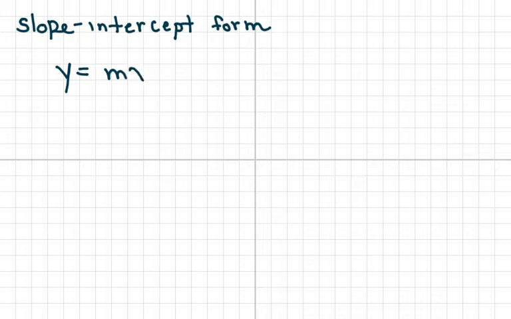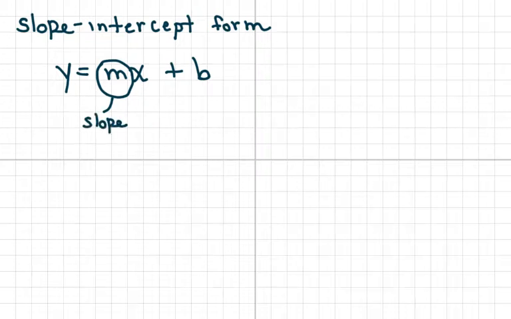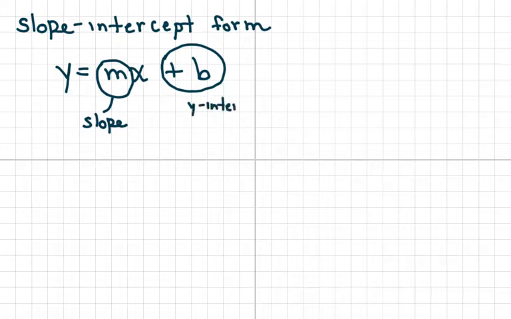And that format takes whatever the equation of the line looks like and solves for the y. And then there is a number in front of the x. That number will be your slope. There is a number on the end, and that number will tell you something about your y-intercept.